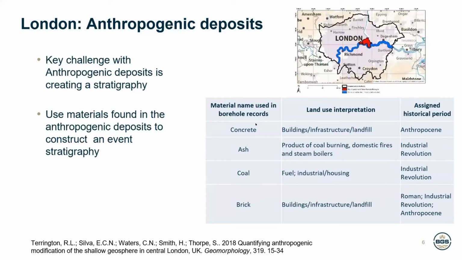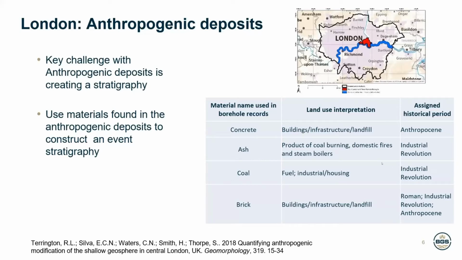So what they found worked very well. They looked at a whole range of materials that have been found in boreholes, but what worked really well was concrete to pick up the material from since really the 1950s and 60s. Ash and coal in London was a really good marker of industrial deposits.